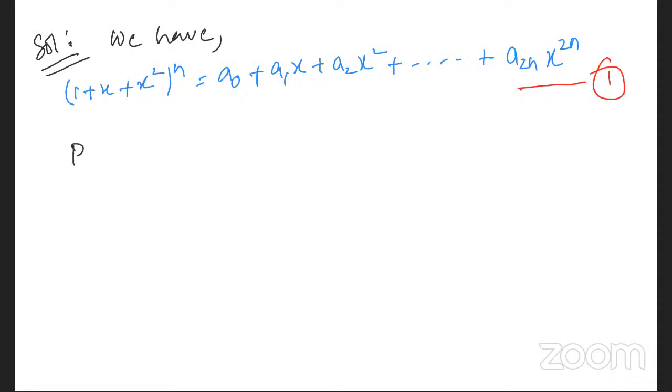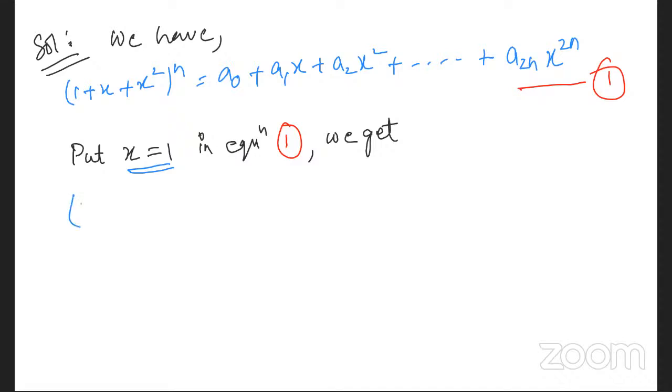Put x equal to 1 in equation 1. What do we get? (1 + 1 + 1)ⁿ = a₀ + a₁ + a₂ + and so on + a₂ₙ, since x is 1, and 1 to any power is 1.